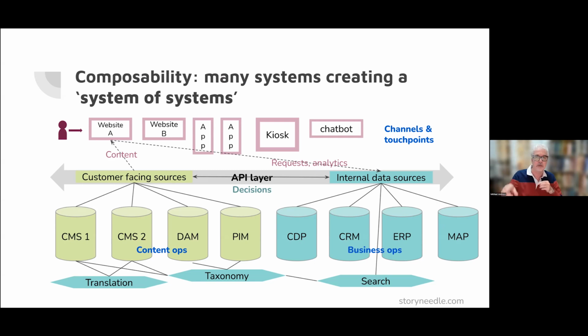So it's supposed to be kind of a virtuous cycle here where the customer is interacting, they're expressing their interest. We're going back and looking at what we have, making decisions about what would be best for them, giving it to them, and then seeing what they want next.